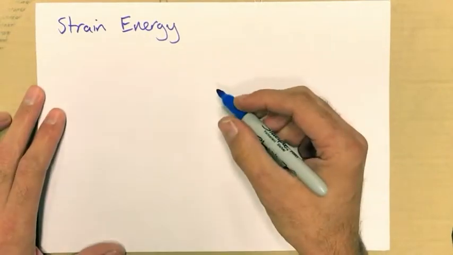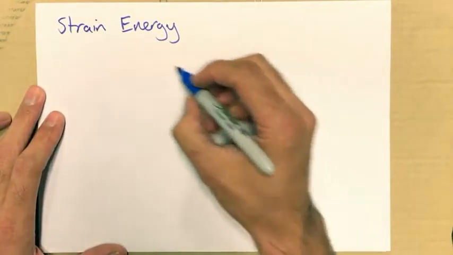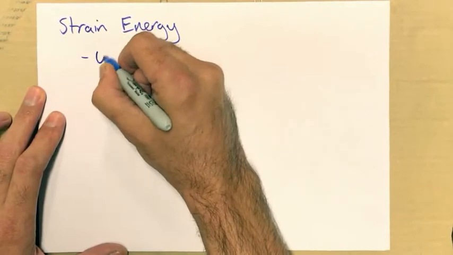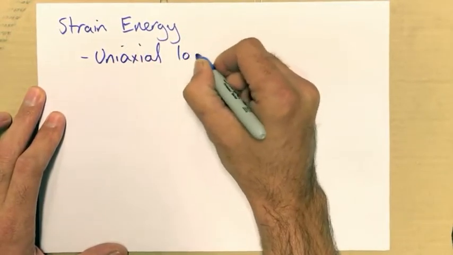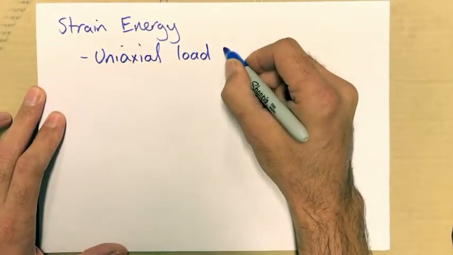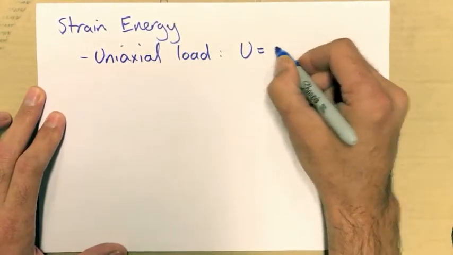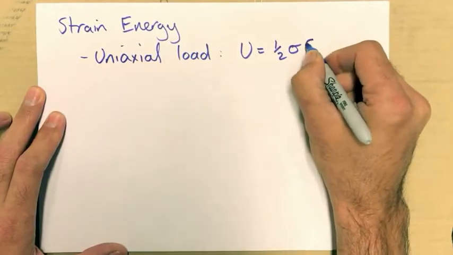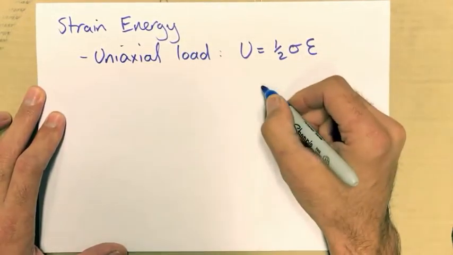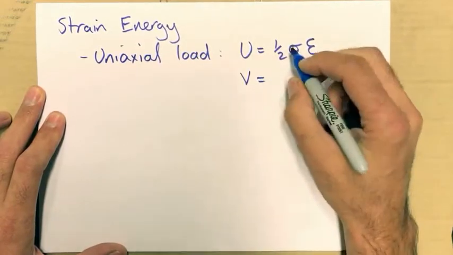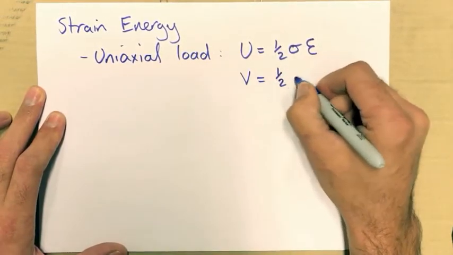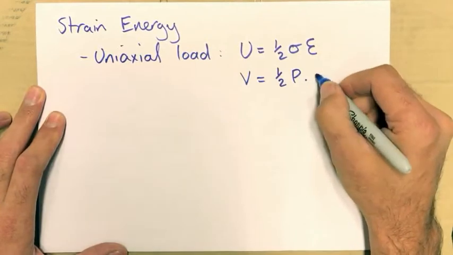Okay, then we went on to strain energy, and I would expect you to know for a uniaxial load what the strain energy is, because you're probably going to need to use that. So the strain energy density was half times the stress times the strain, and the strain energy is half times the load times the displacement.